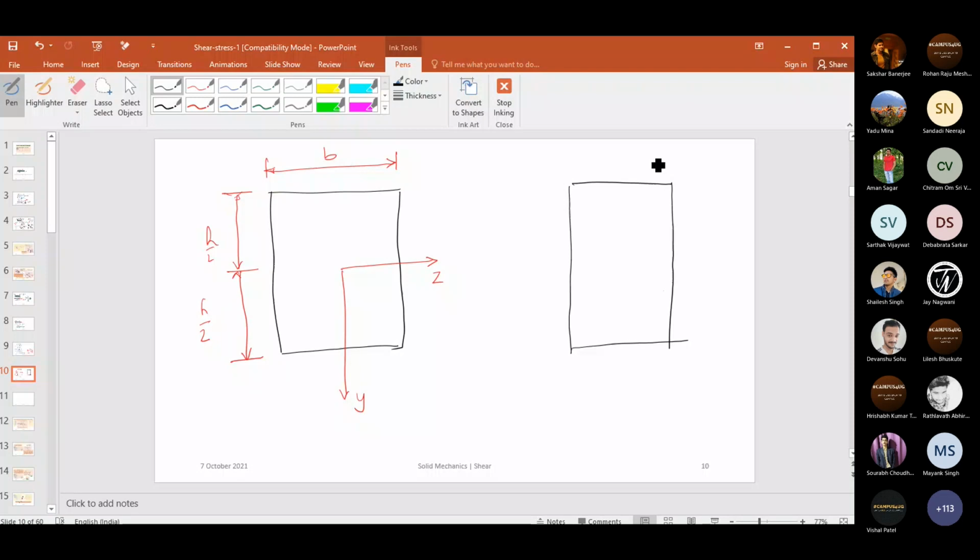The neutral axis is at a distance. So you are not audible.